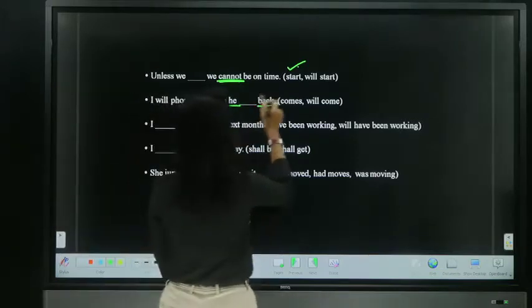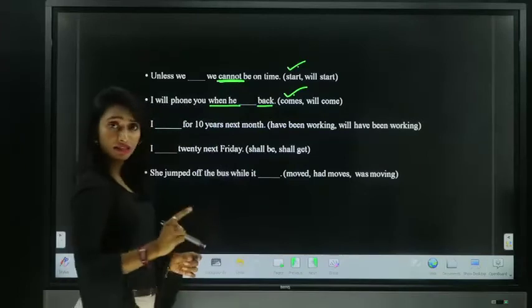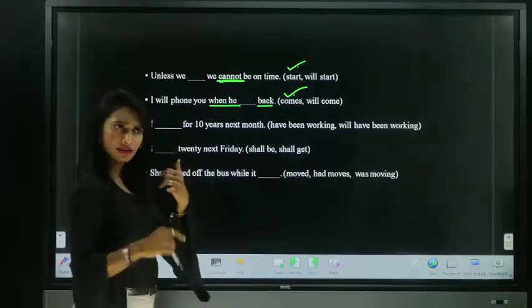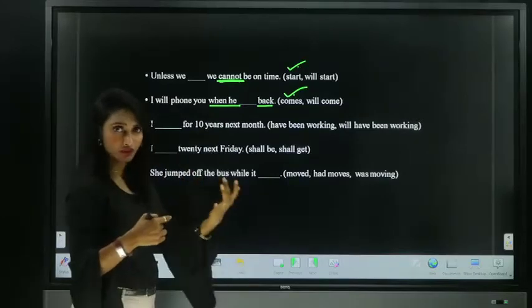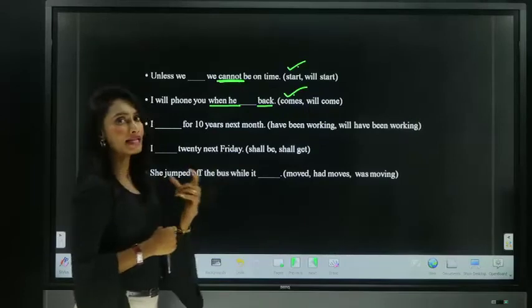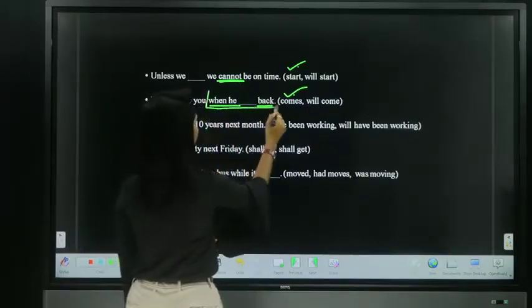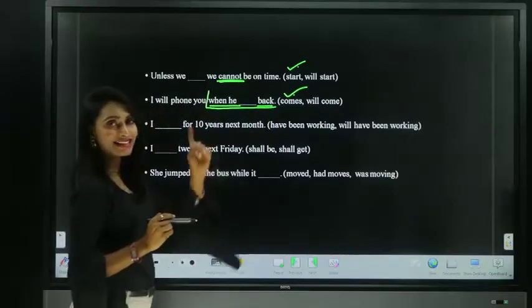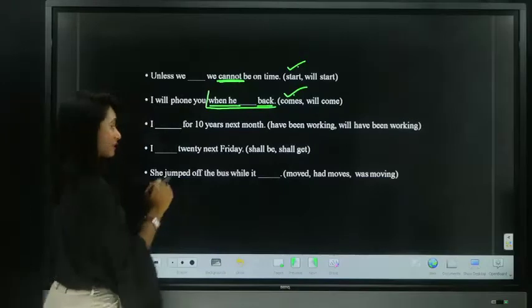I will phone you when he comes back, because two future actions, yesterday we discussed. I will phone you in the future, when he comes back in the future. But two future actions cannot be represented in future. Main clause should be in future, whereas the subordinate clause must be in simple present, right? Hence, when he comes back is a correct one. Right, both of you guys are correct.